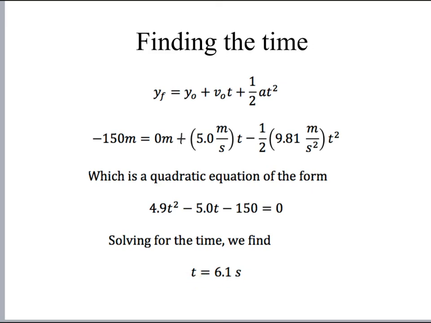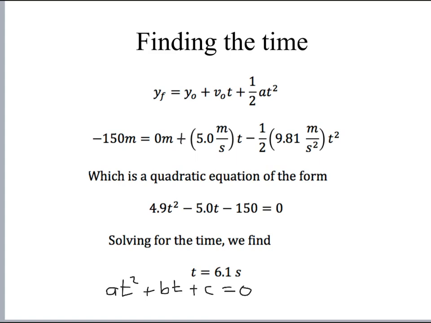How do we solve for the time? Well, we simply plug it into the quadratic formula. That's going to be the easiest way to do that. And just in case you don't remember the quadratic formula, you're going to need it for this stuff. If you have an equation of the form a t squared plus b t plus c equals 0, that is the form of the equation.